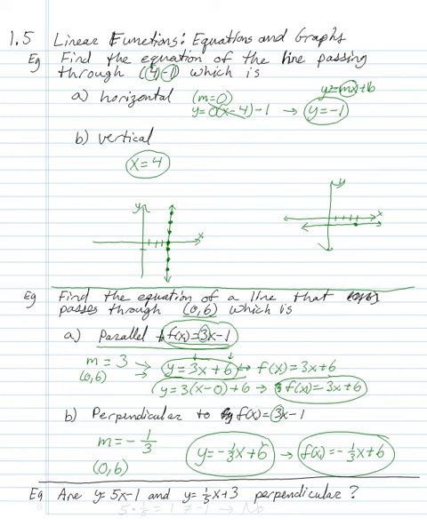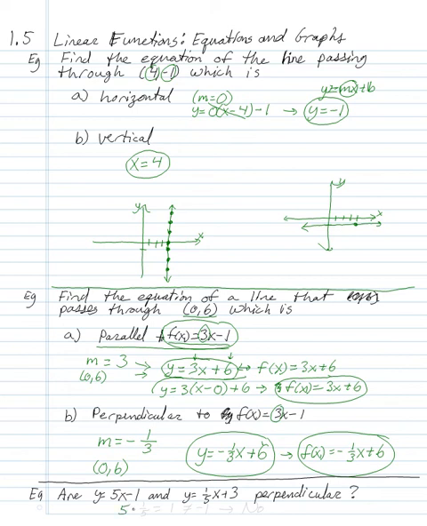One option would be to graph both of them, and we'll do that at the end. But we could also think about what it means for two lines to be perpendicular. Remember, in our definition, the slopes have to multiply to -1 in the case when lines are perpendicular. Our first line has a slope of 5.